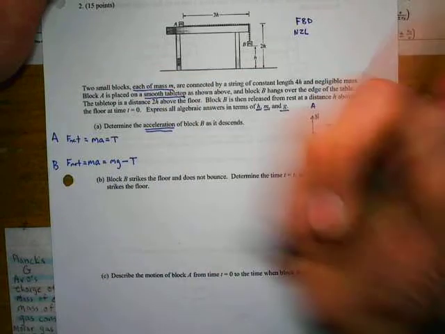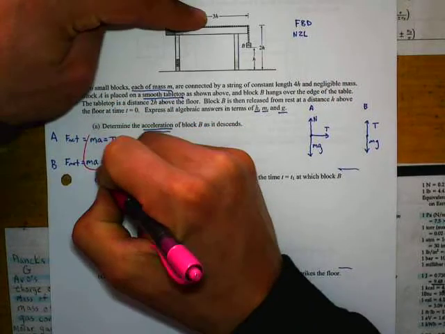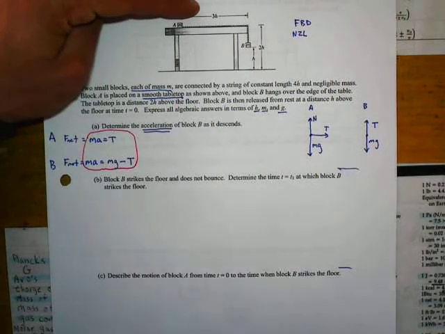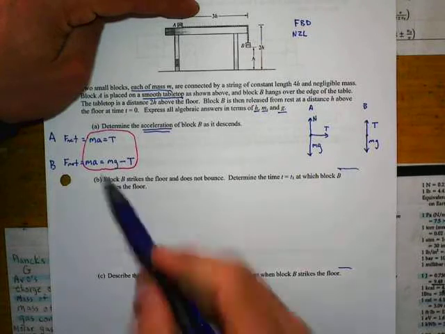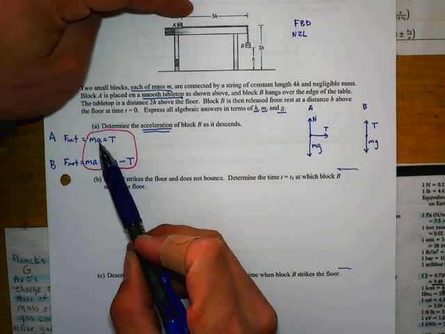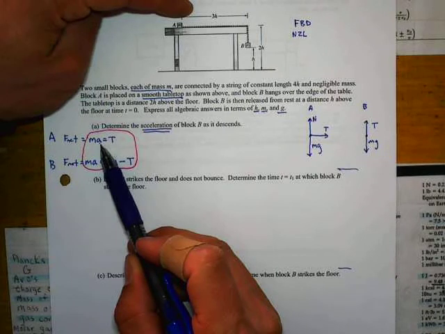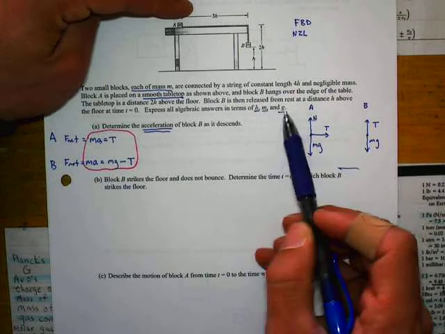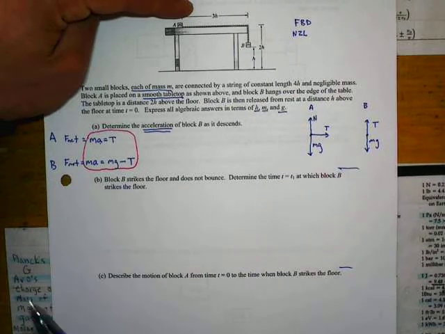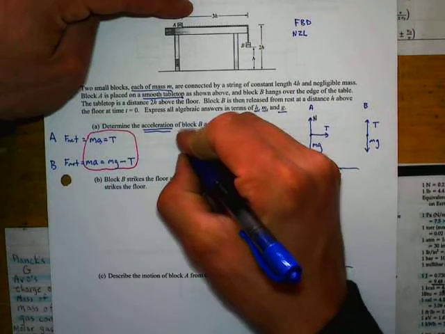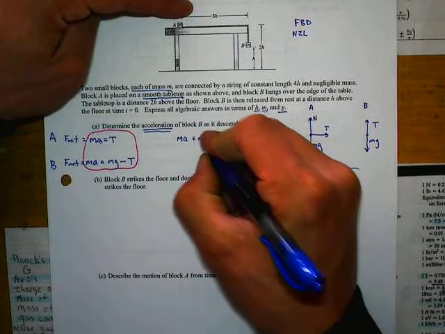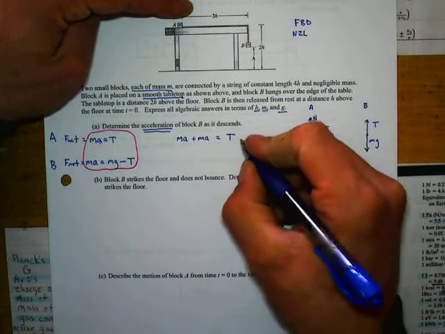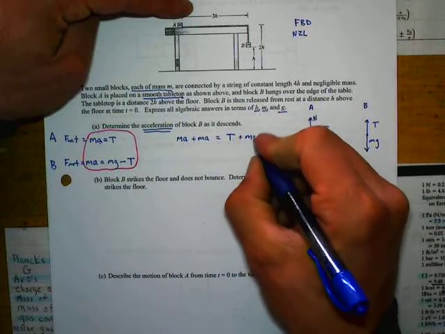Let's switch colors. Okay, these two equations right here I can combine to get an expression for acceleration. Now that has acceleration in it, so why can't I just rearrange this for a and call it good? The reason why is because all answers must be in these terms. Alright, let's combine. So I've got ma plus ma is equal to tension plus mg minus tension.